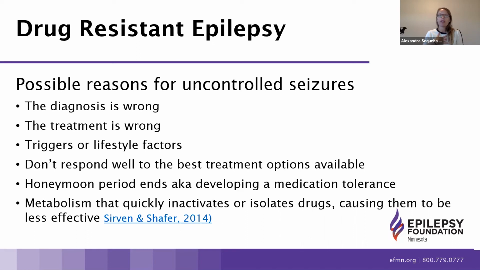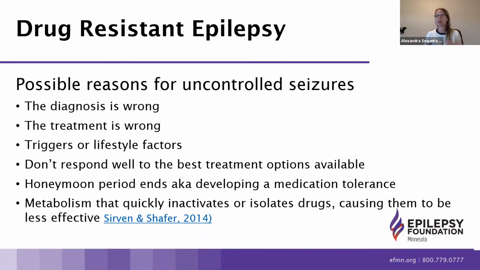Triggers or lifestyle factors: maybe even though you're on a good medication, you're still not able to stop drinking alcohol, for example, or there's still so much stress with your job, and every time you see your boss, it's a trigger, or other potential lifestyle factors. Or maybe your sodium's low, and that could be a trigger, or glucose.